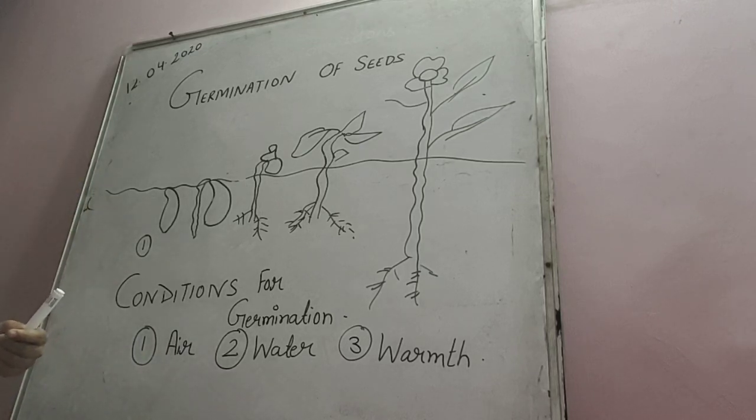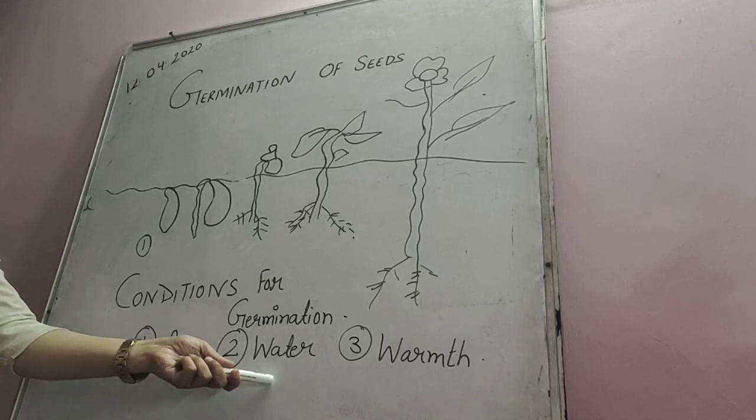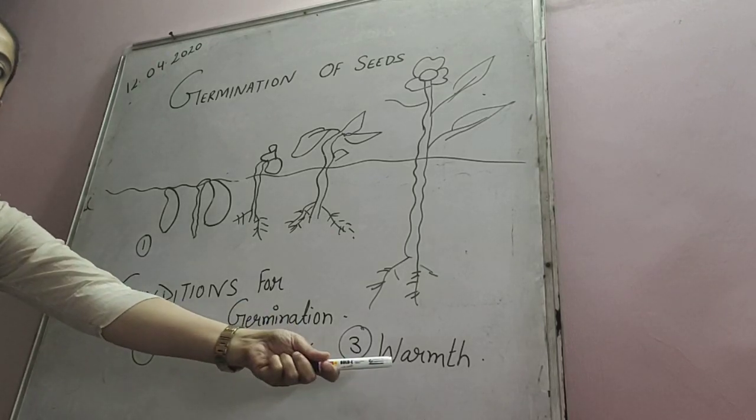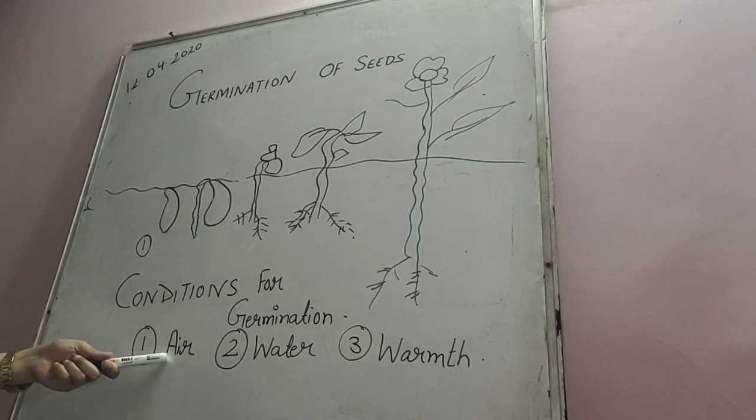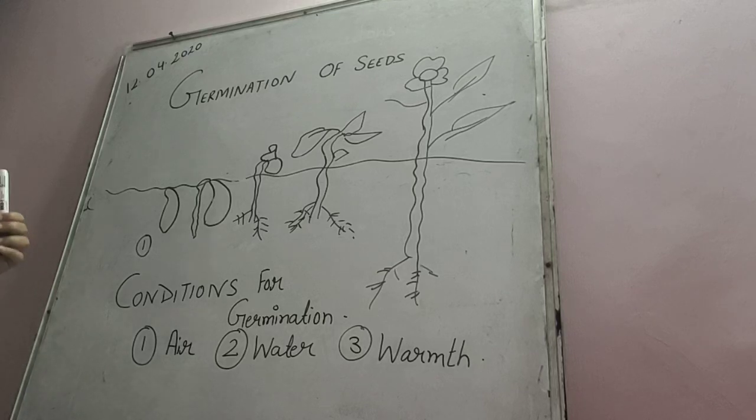After 3 or 4 days, instead of germinating, your seed will have decayed and decomposed. The reason is that you are providing water as well as warmth, but you are not providing air. As a result, the seed will not be able to breathe and it will decompose.